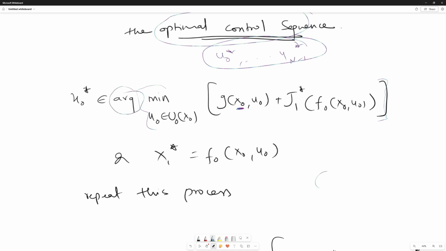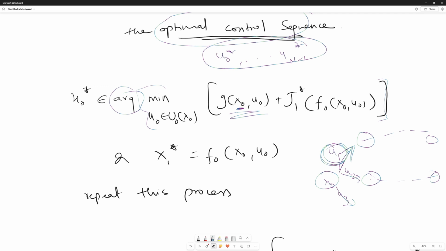So for example, you are in state x0, and you can apply all the controls u1, u2, u3, and so on, and then you get the arc cost, or the cost of this edge, plus the optimal cost to go from this state to a terminal state. You keep doing this for all the controls possible, and then just take the control which minimizes this.